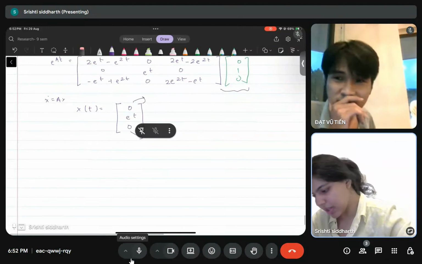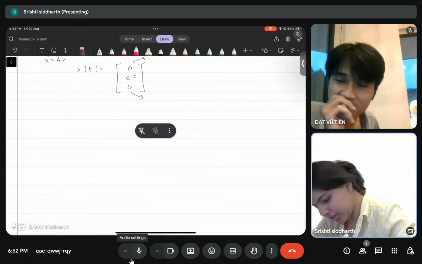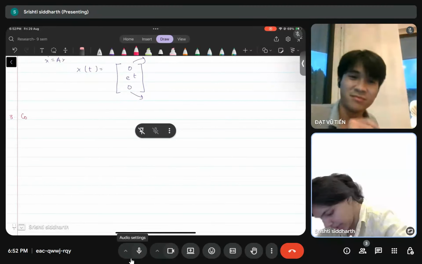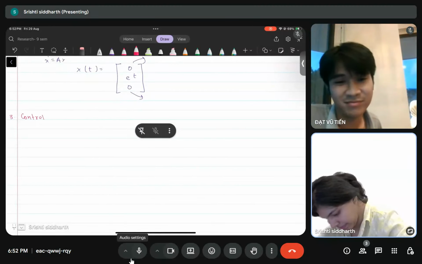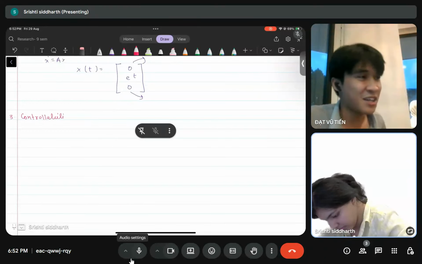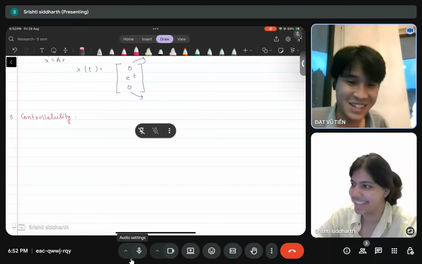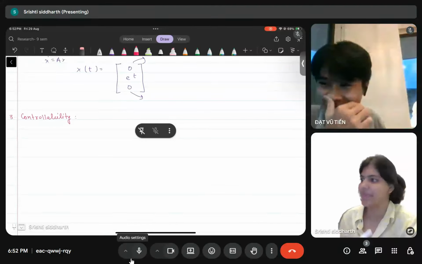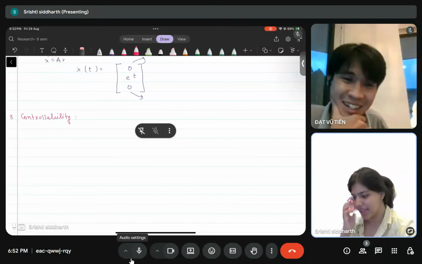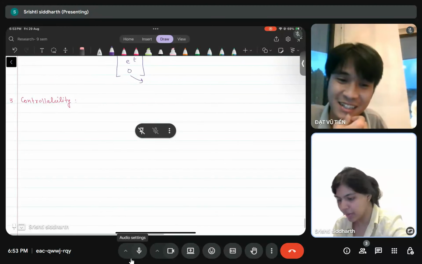Alright. Now let's move on to another section. This is controllability. Now we have two tests to determine controllability.